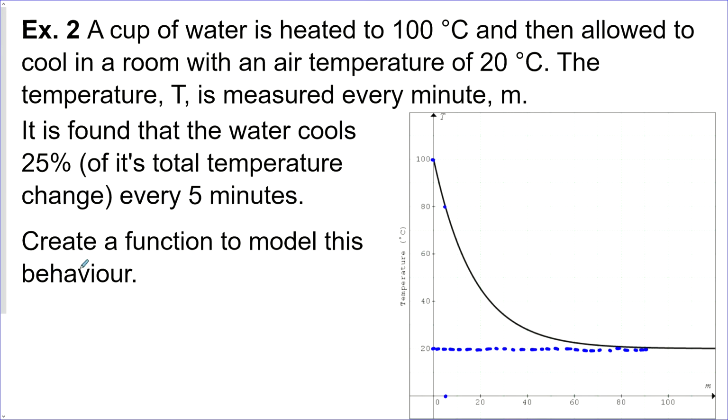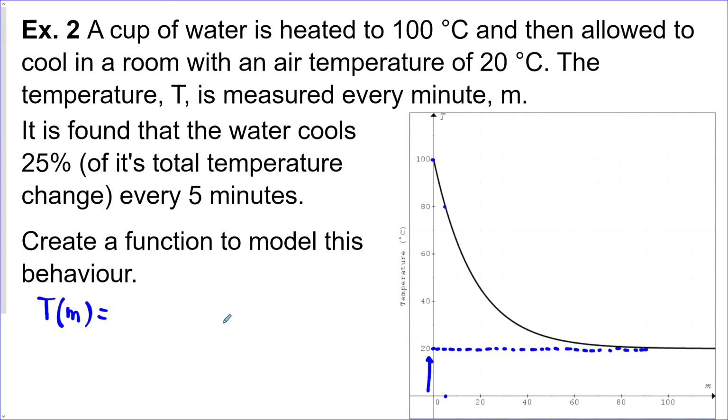We want to create a function to model this behavior. So temperature, and our variable will be m here, and if you put 100 right here, then you have fallen for the trap, because it's not 100. It's 100 only when there's no other transformations. In this case, there is. See, we've moved our horizontal asymptote up 20.